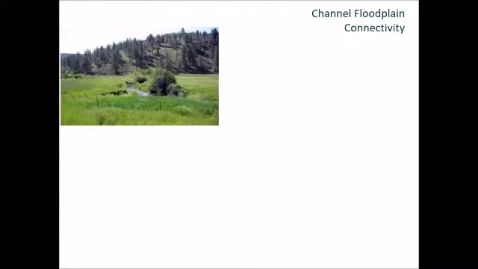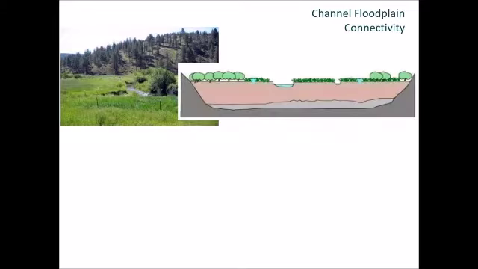So where we start is with a fully connected channel floodplain wetland complex, like the one we see here in a lush, well hydrated river valley, where if we look at a cross section, we see a shallow channel, we see the groundwater, the phreatic surface close to the land surface, and we see rich and verdant vegetation on the floodplain because it has sunlight, it has nutrients, and it has water, and those are the three things it needs to flourish.